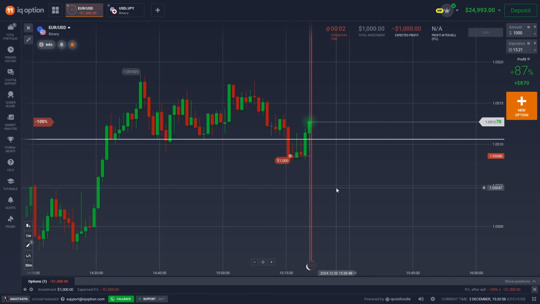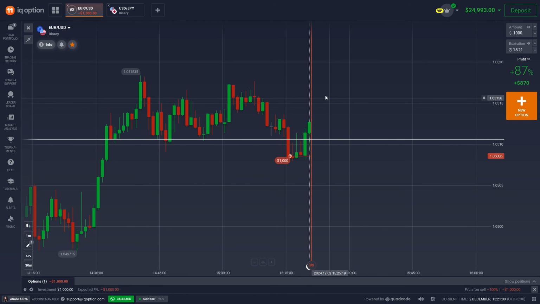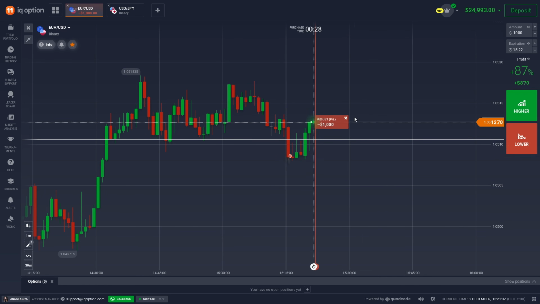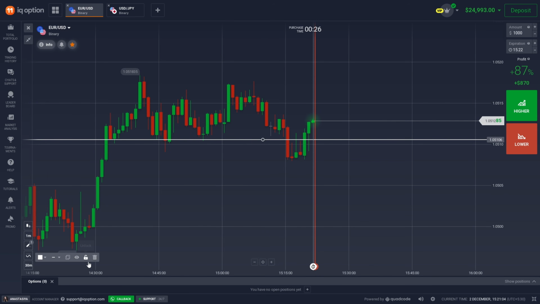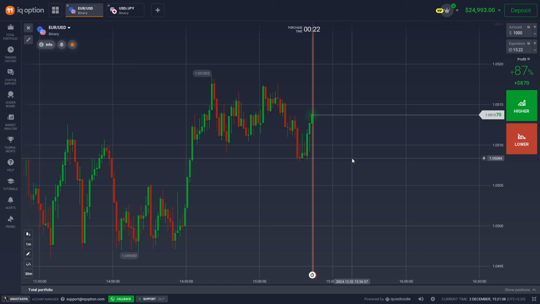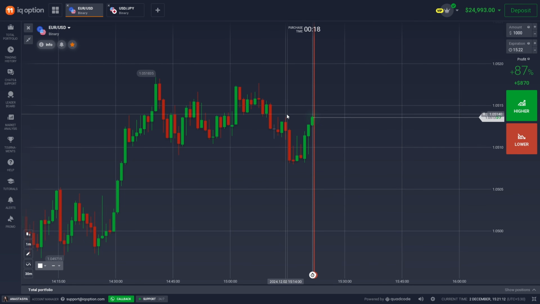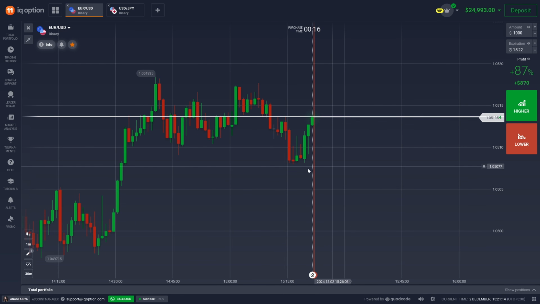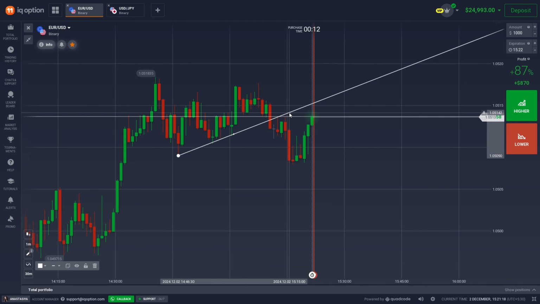So let's see. And you can see we have lost this trade, but I know that we are going to win a trade very soon. So let me plan one more trade. This is the resistance, and let's see if we have anything in the trend.